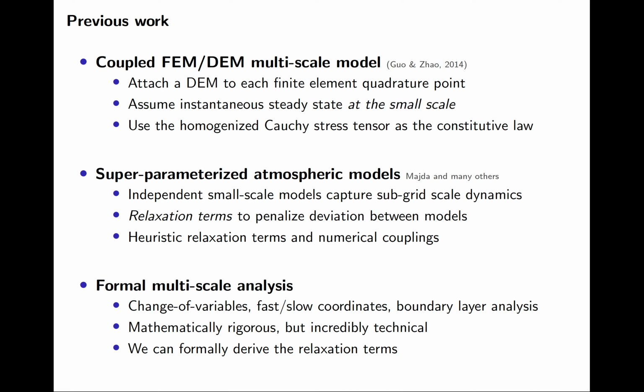However, they have this huge advantage that once you get through this very technical details, a lot of times things like the relaxation terms in the super-parameterization or the exact form of the coupling for the finite element method and the DEM become very, very clear, and they either justify a lot of these heuristic choices that we're making, or they have very strong indications of what some of these seemingly arbitrary choices should be.